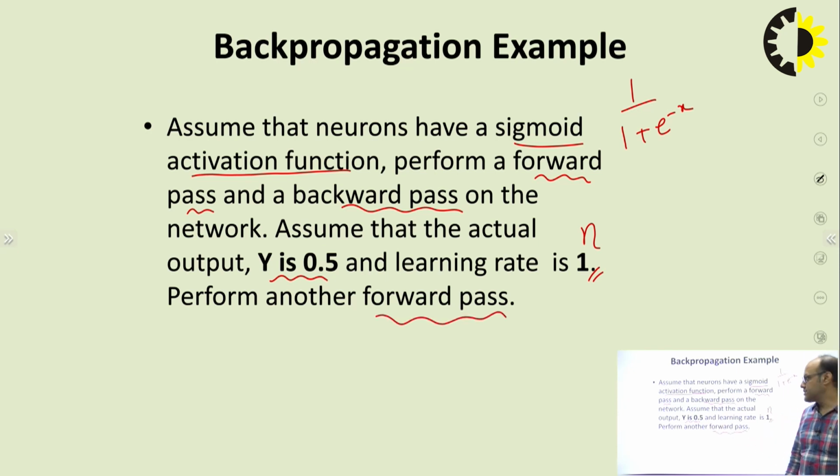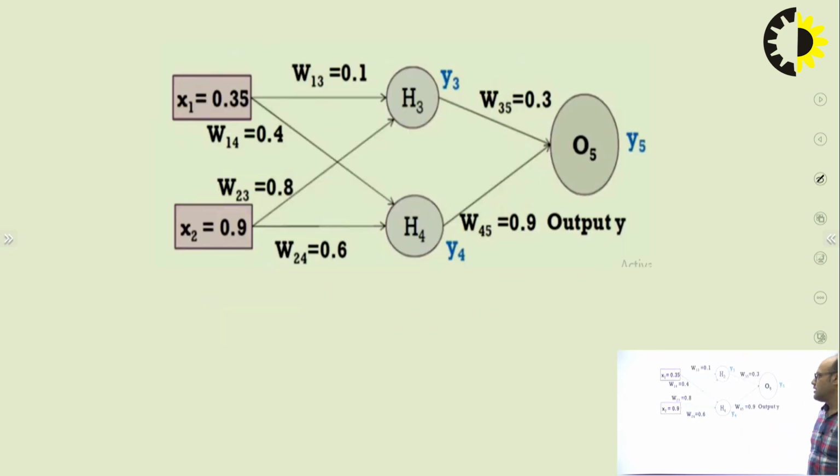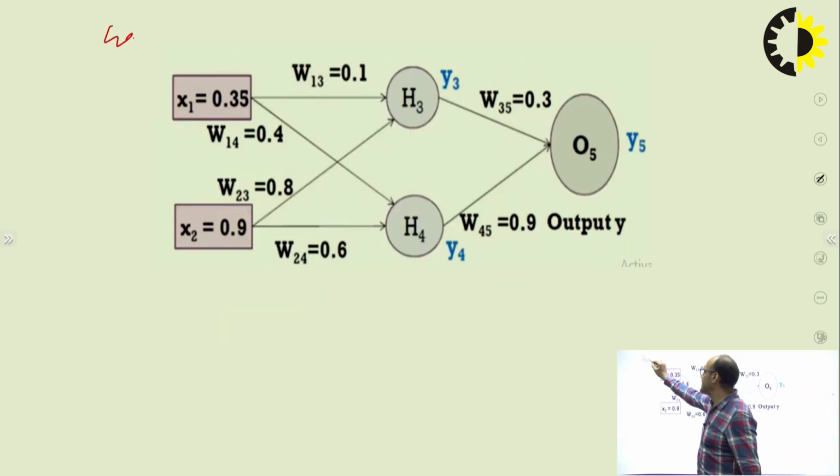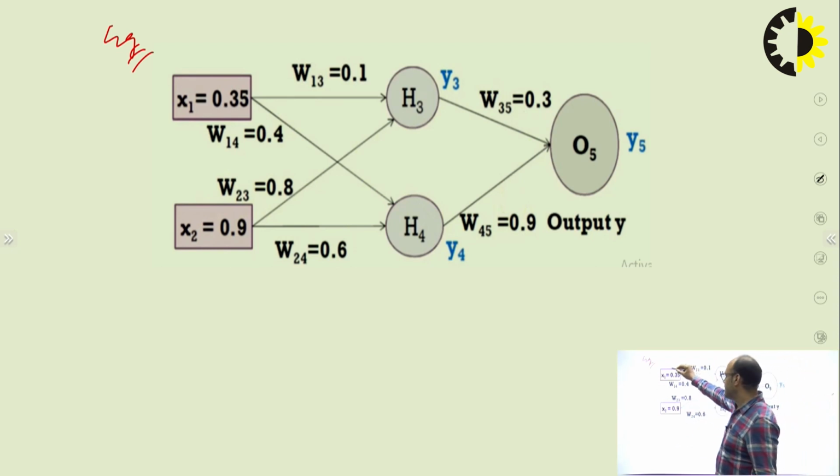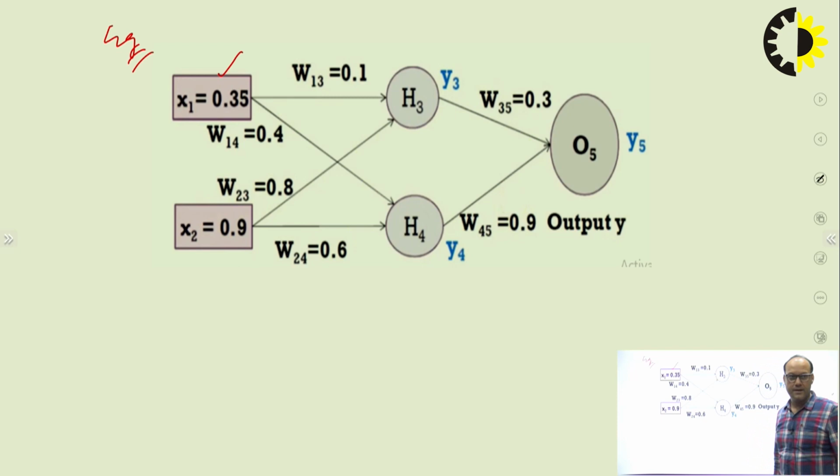I have drawn a diagram; this is the example I am going to solve. Here x1 is given, the first input processing element, and x2 is given here. This is the hidden layer, h3 and h4, and this is the single processing element of the output layer. With the help of this simple example, I will illustrate how we solve the backpropagation algorithm numerically.